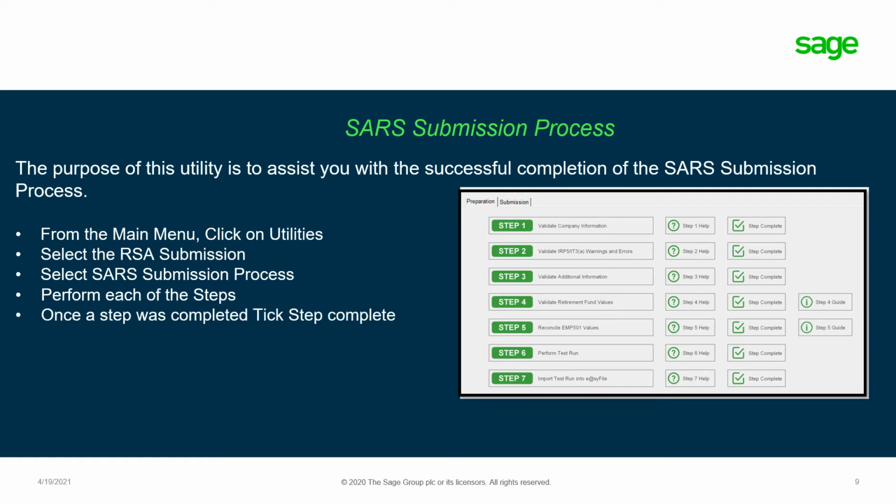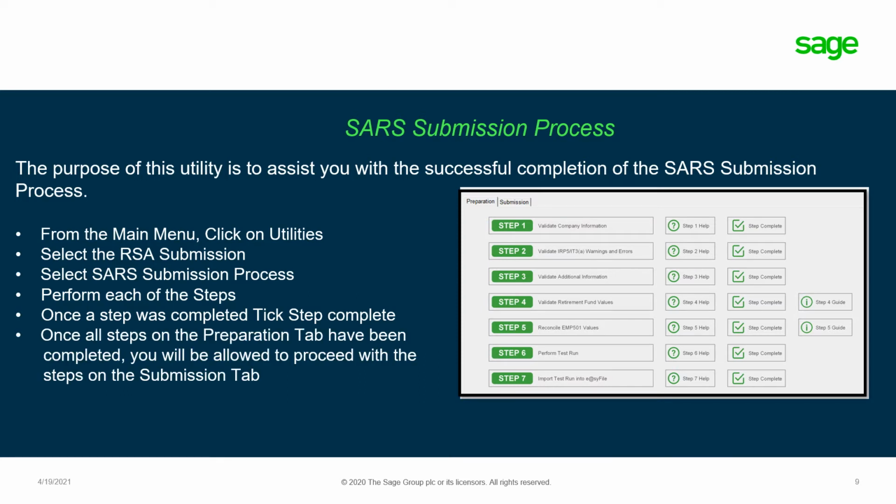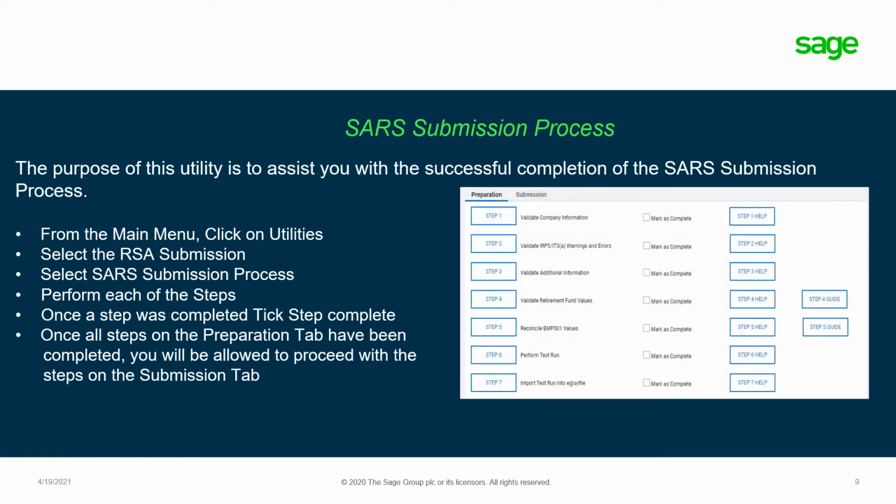Once a step was completed, tick Step Complete. Once all steps on the Preparation tab have been completed, you will be allowed to proceed with the steps on the Submission tab. Please note, where available, the Step Help and Guide button will provide more information relating to the relevant step.